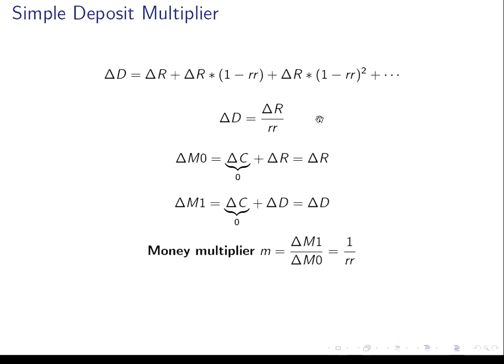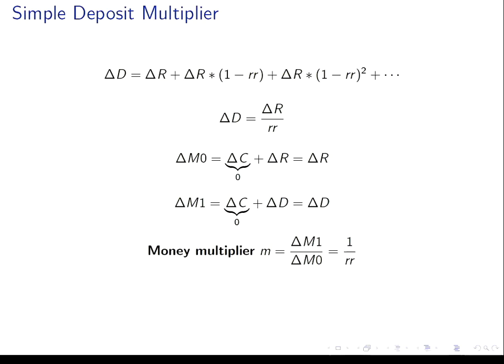And the sum of the series is essentially equal to delta R by the required reserve ratio. Okay? So if the required reserve ratio is 10% or 0.10, then the change in deposits will be delta R by RR, correct?